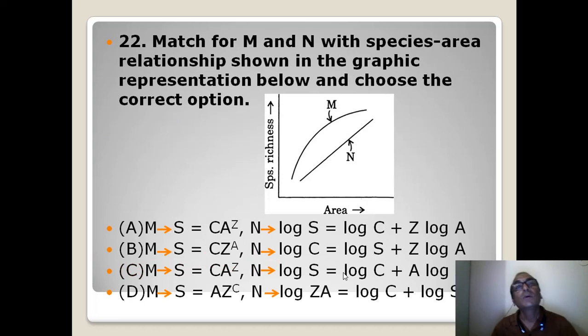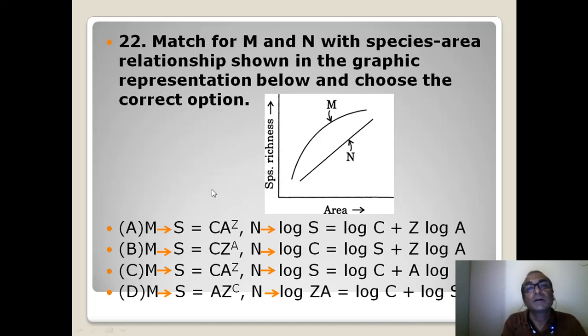Next, question number 22. Match M and N with the species-area relationship shown in the graphic representation below and choose the correct option. So here this graph is showing two curves, one M and another N, which are drawn on the graph of area versus species richness.